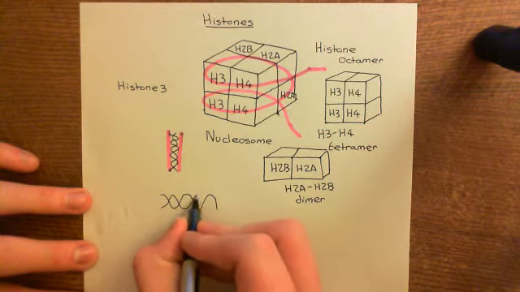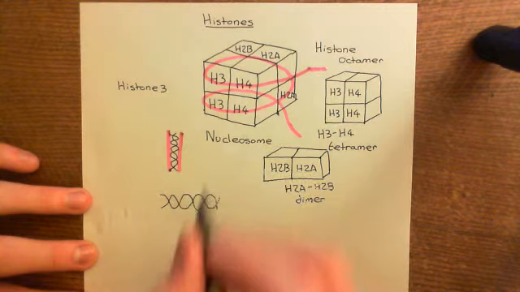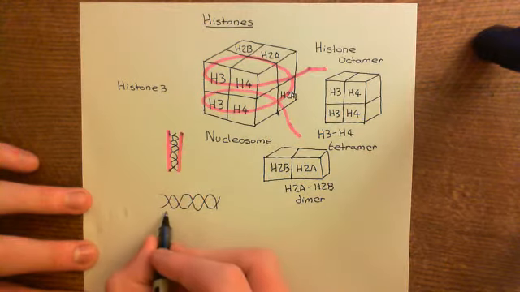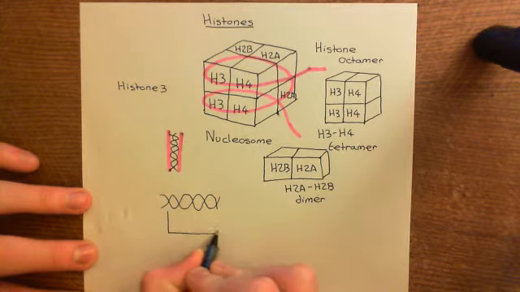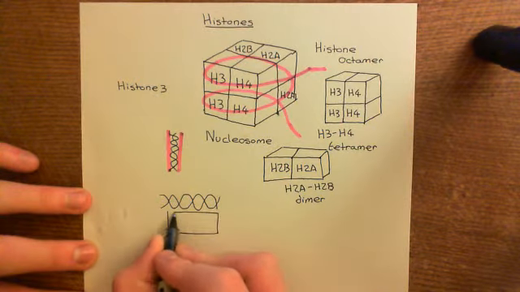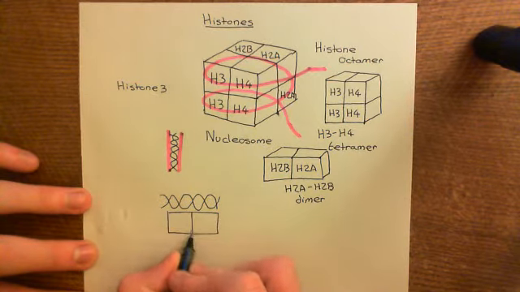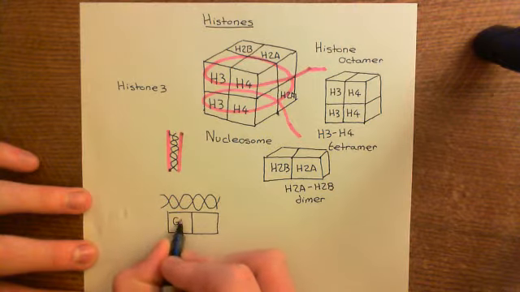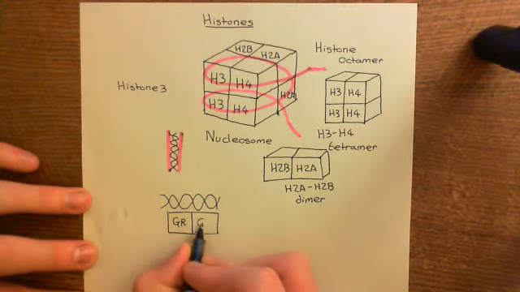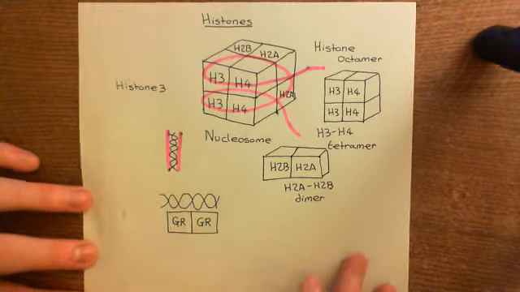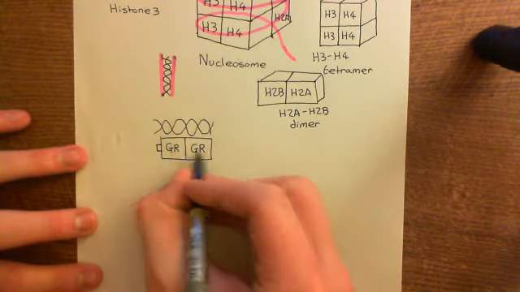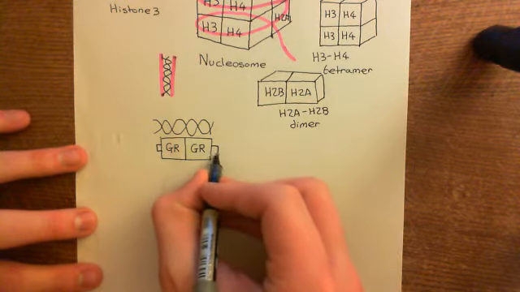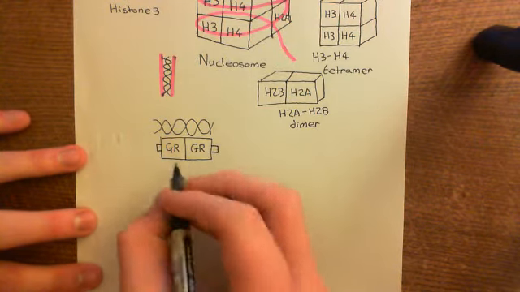Okay, so let's say this is a piece of the DNA wrapped around this histone octamer. The glucocorticoid receptor dimer is going to bind to a portion of this DNA. Here are these two glucocorticoid receptors which are bound together. I'll also show the glucocorticoids bound to them, but I'll put them on the sides rather than on their tops because I want to put something else here now.